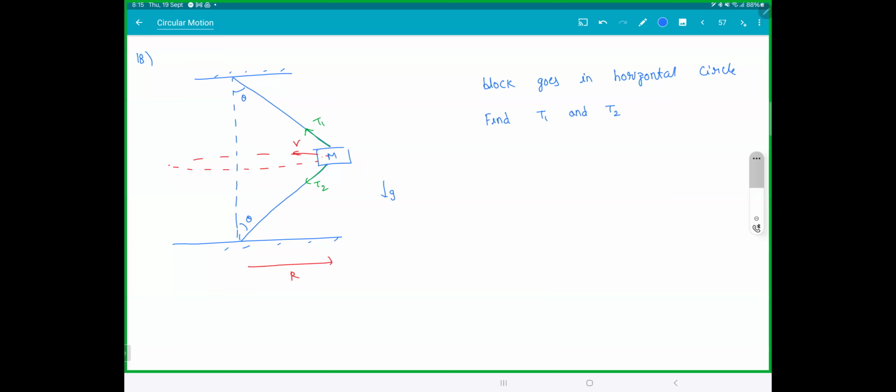How do we do this? Draw a free body diagram. Finish it off.